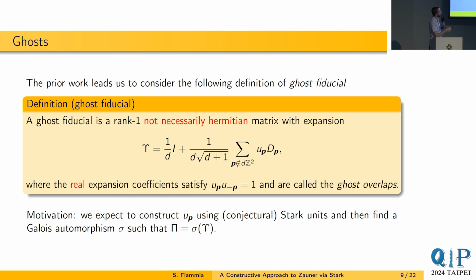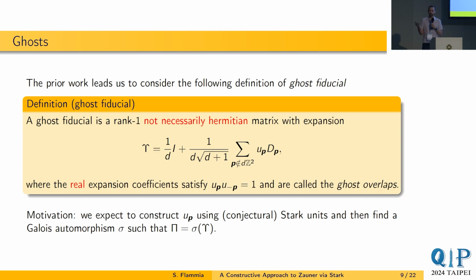This equation looks very similar to the one that I had before, where I had these complex phases here, but I've changed it a little bit now. Now I have a rank 1 matrix, which is not necessarily Hermitian. And I insist that the expansion coefficients, instead of being unit phases, are real numbers, but they still satisfy this condition here.